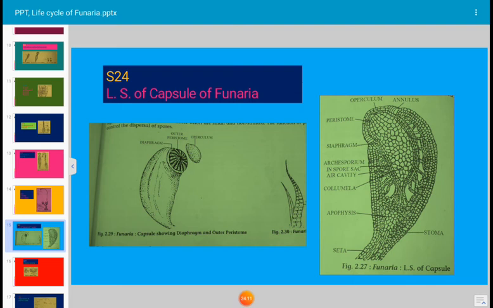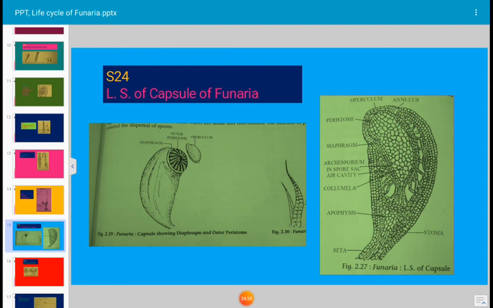Internal to the epidermis, there are a few layers of compactly arranged cells forming hypodermis. Toward the inner side of the hypodermis, there are a few layers of chlorenchymatous cells. Internal to this is a cylindrical air sac traversed by narrow, elongated chlorenchymatous stripes which are called trabeculae.